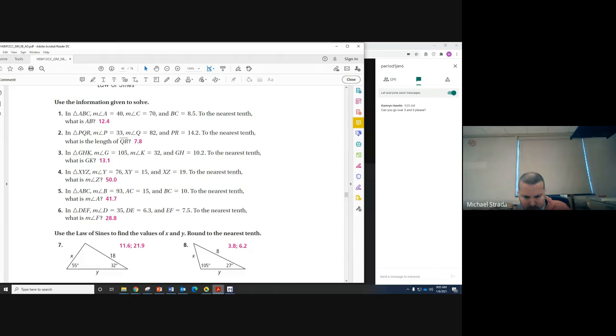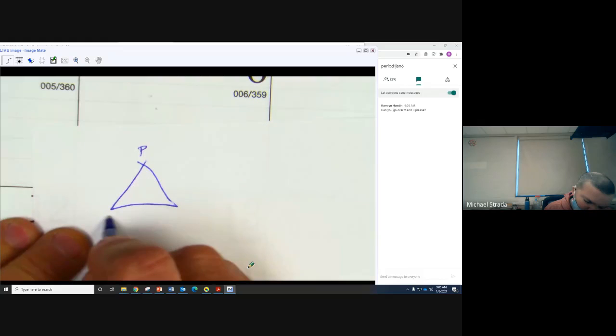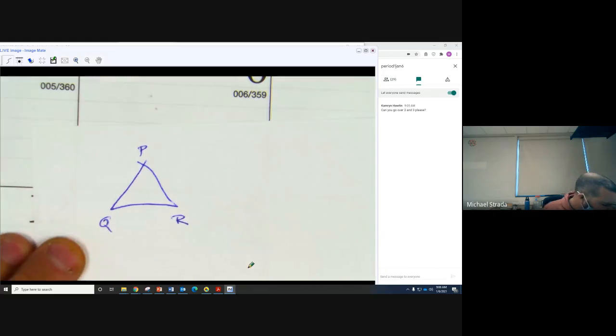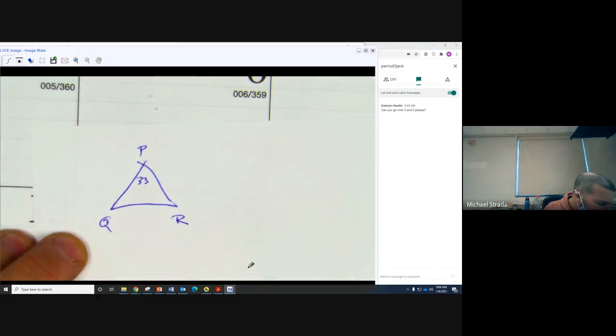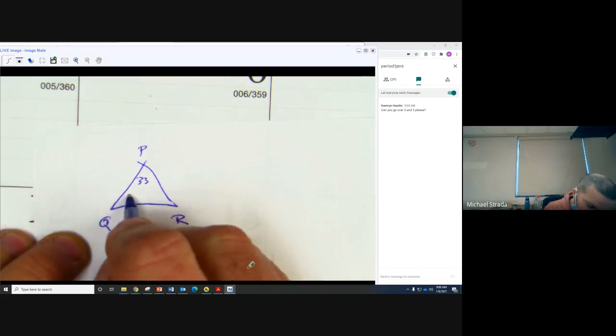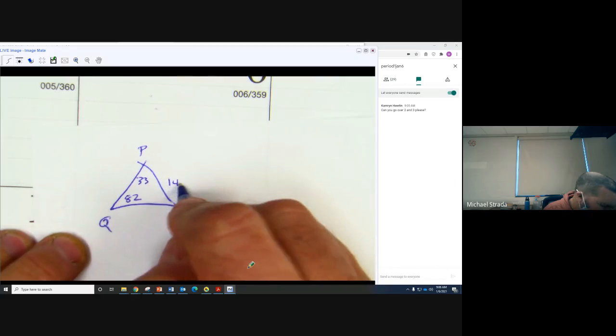Okay, so numbers 2 and 3. Number 2, triangle PQR. The measure of angle P is 33 degrees, the measure of angle Q is 82 degrees, and PR is 14.2.